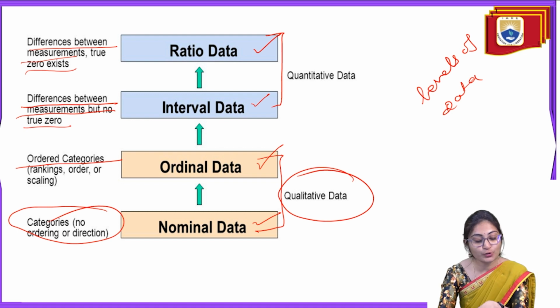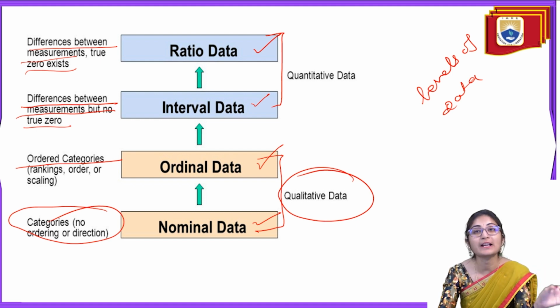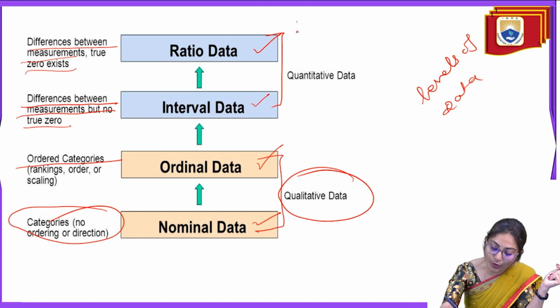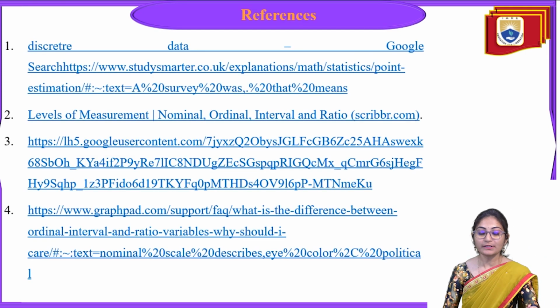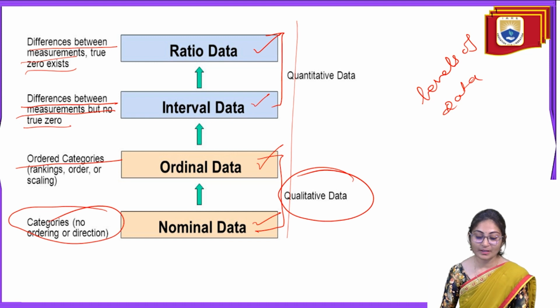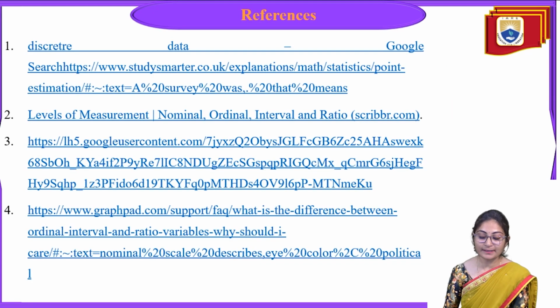In ratio, it will show the difference between the measurements, but there will be a true zero value available also. So this is all about the levels of data. So this is all about the definition and terminology of the flavors of data. These are the references, so you can go through these references.